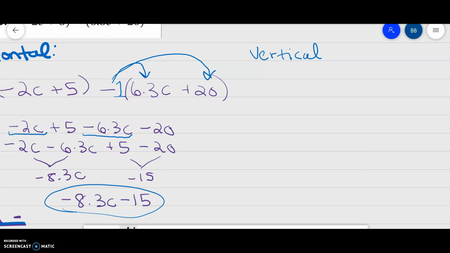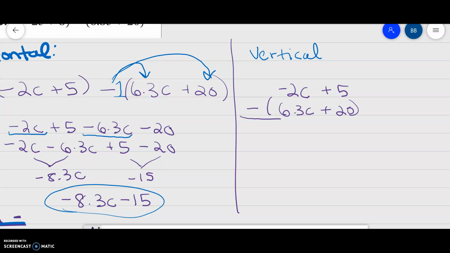So we have negative 2c plus 5, and then we're subtracting 6.3c plus 20. This subtraction sign gets distributed to each term.